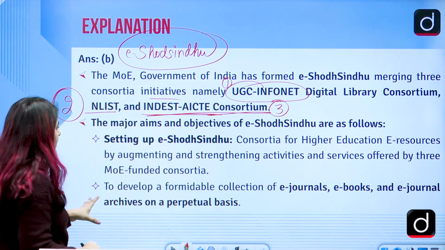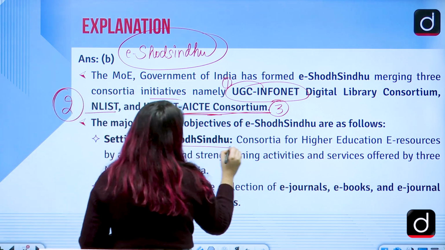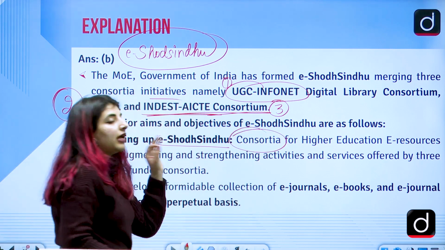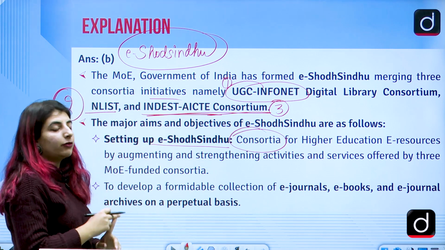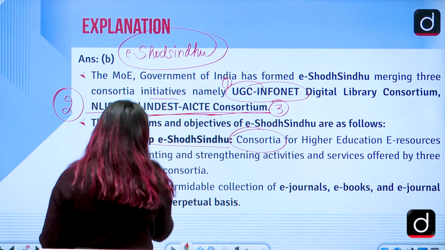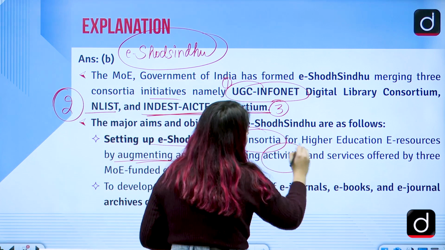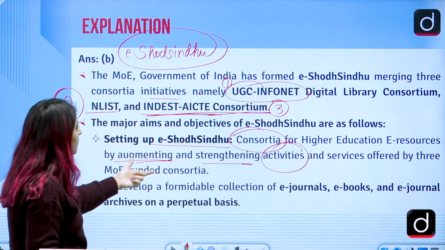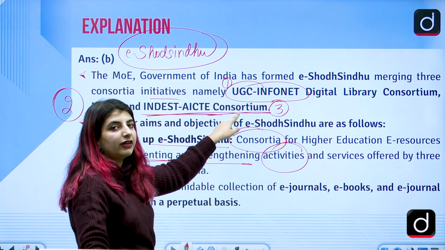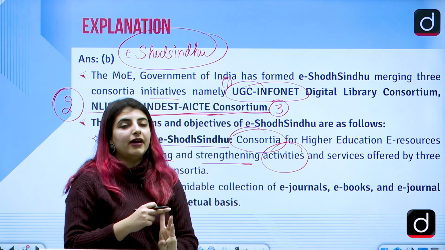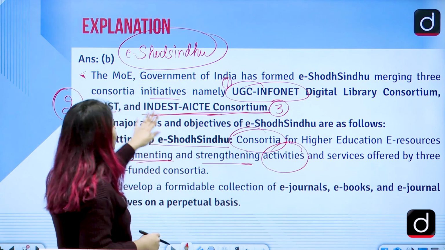The major aims and objectives of setting up E-ShodhSindhu, Consortia for Higher Education, are that e-resources will be provided to students by augmenting and strengthening activities and services offered by the 3 MOE funded consortia. These are the MOE funded consortia that we have talked about: the UGC InfoNet, NList and Indest.